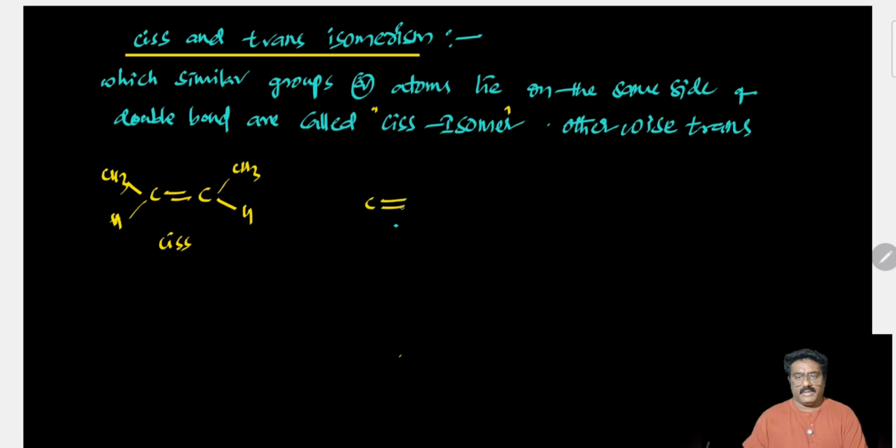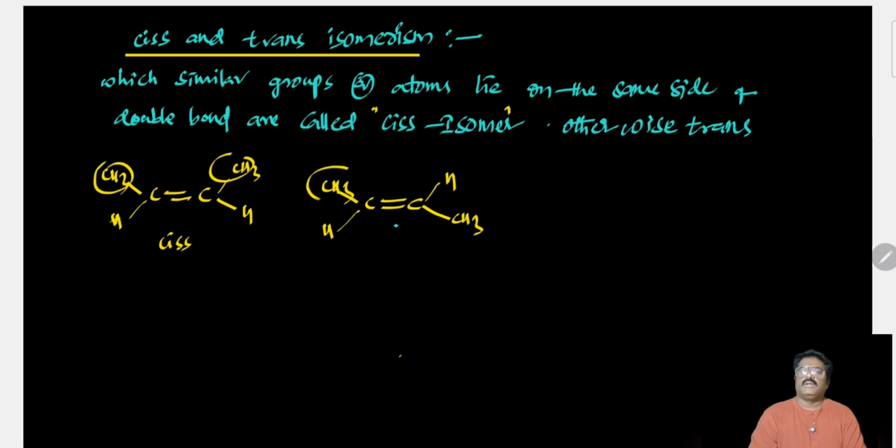Otherwise, trans: carbon double bonded to carbon with CH3, H, CH3, H, where these groups are arranged on opposite sides. Same groups on the same side is cis. Same groups on opposite sides is trans isomerism, or trans isomers.